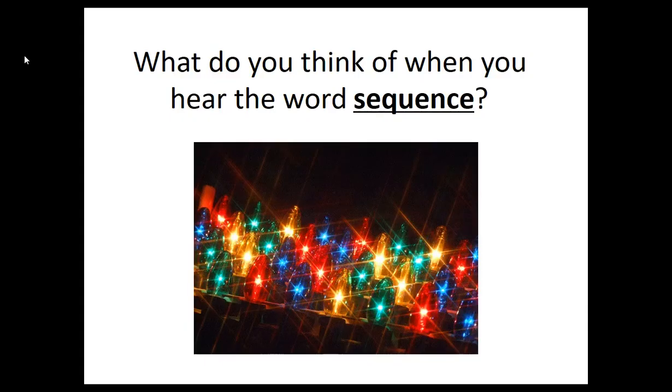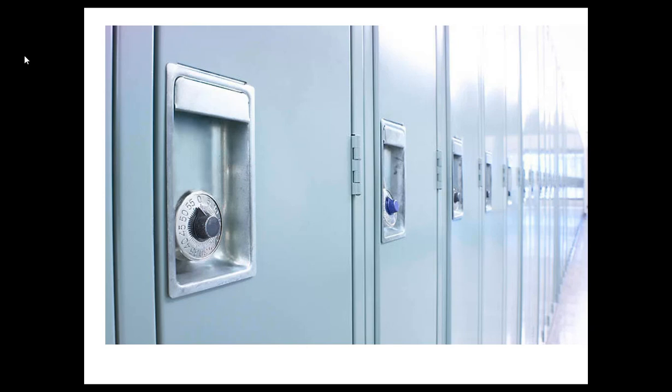The first thing I want you to consider is, what do you think of when you hear the word sequence? And again, depending on your level of familiarity, a lot of different things might come to mind. Take for example this string of Christmas lights. You have a couple of different colors that are in a different order. That's one example of a simple sequence. Consider the lockers at school, not only the way that the lockers are numbered, but the combination of the lockers themselves.